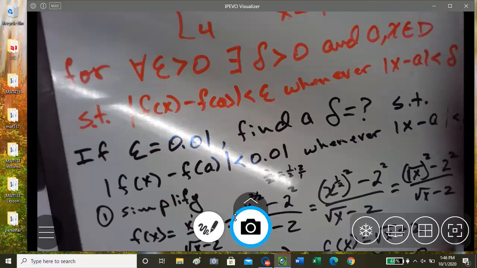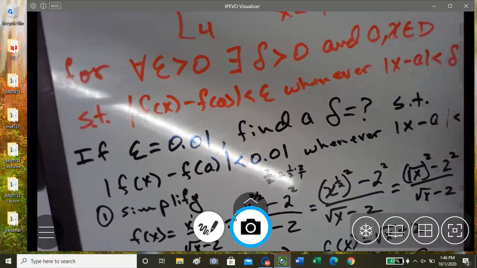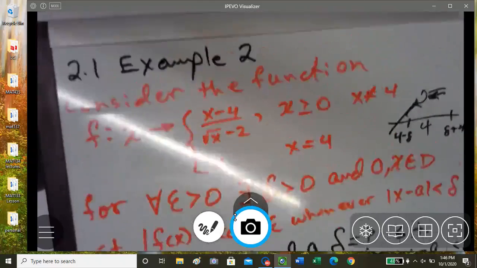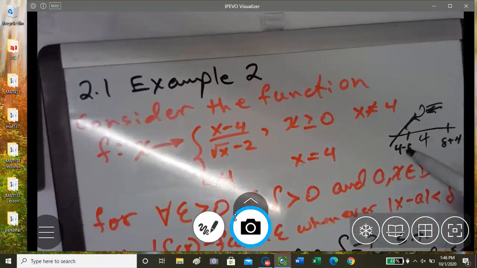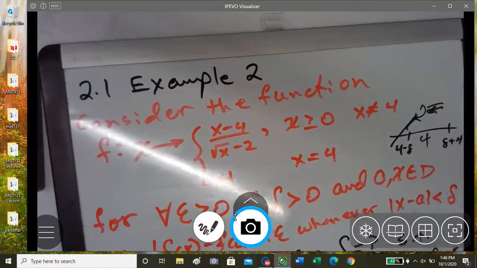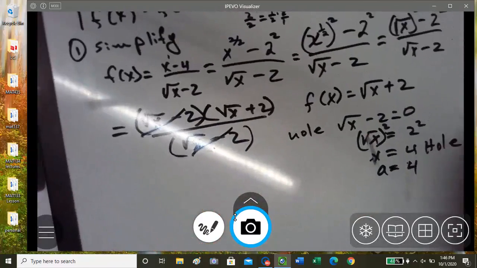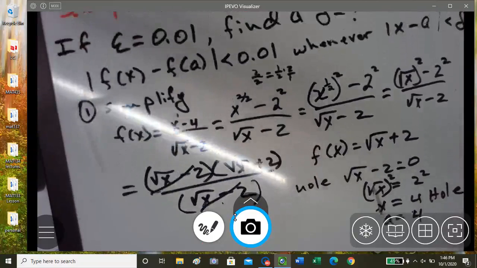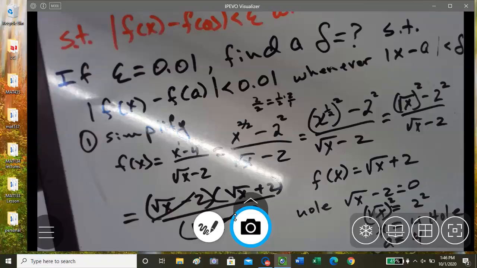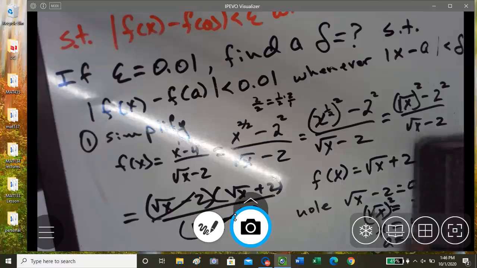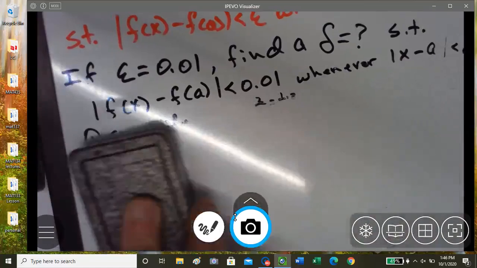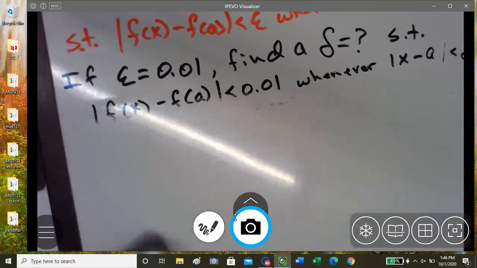We're looking at 4 plus delta and 4 minus delta, and so on for our interval. So we have our a is 4. From there we can go back and say a equals 4.